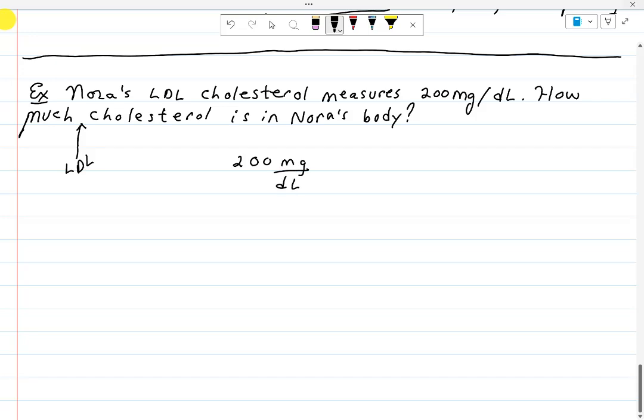So basically, we want to find out how many deciliters of blood you have, and then you'll know how much. So it might be better just to convert from deciliters to pounds. Nora is probably going to be given weight in terms of pounds or ounces. So maybe we could do pounds and ounces is what we want to do. So let's first change the 200 milligrams to ounces.